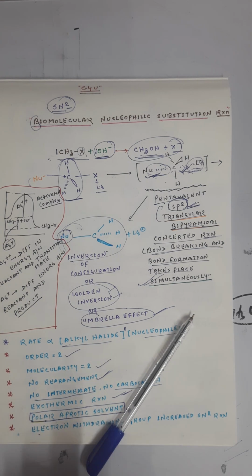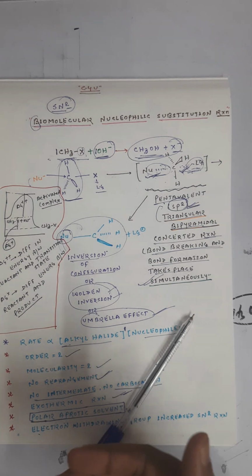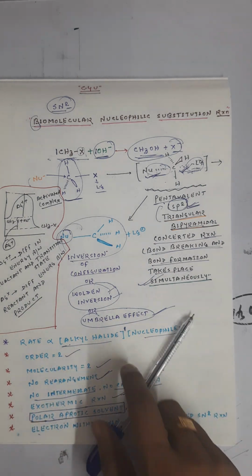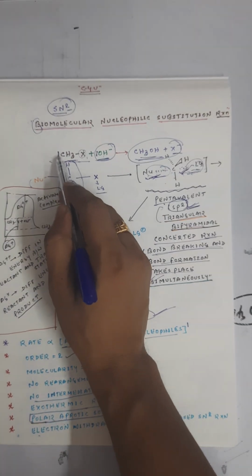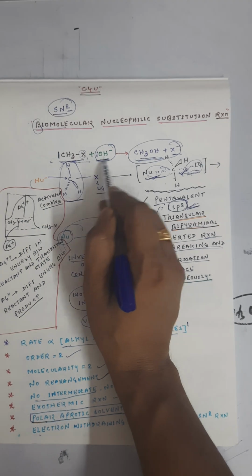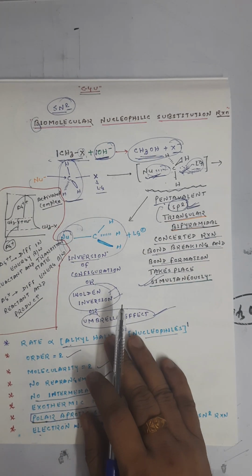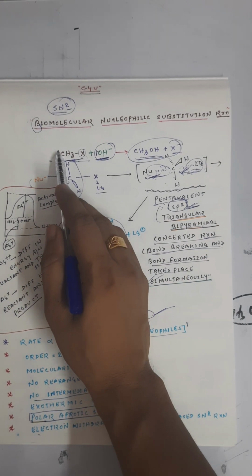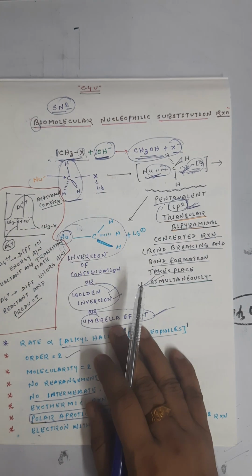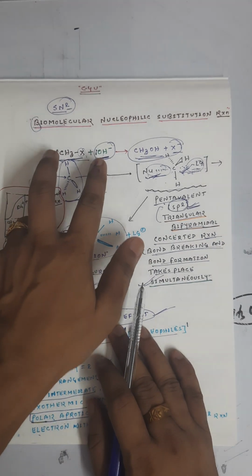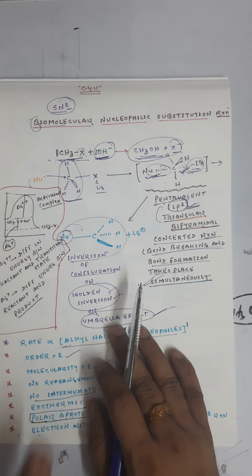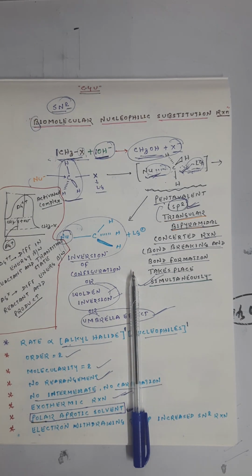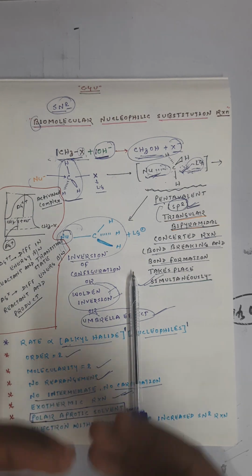Elementary reaction means the reaction which is completed in a single step. You can see here is 1 mole of CH3X and 1 mole of OH negative, so the stoichiometry is 1 and 1. So we can say the molecularity is 2, right students? And since it is an elementary reaction, we can assume the order is also 2.